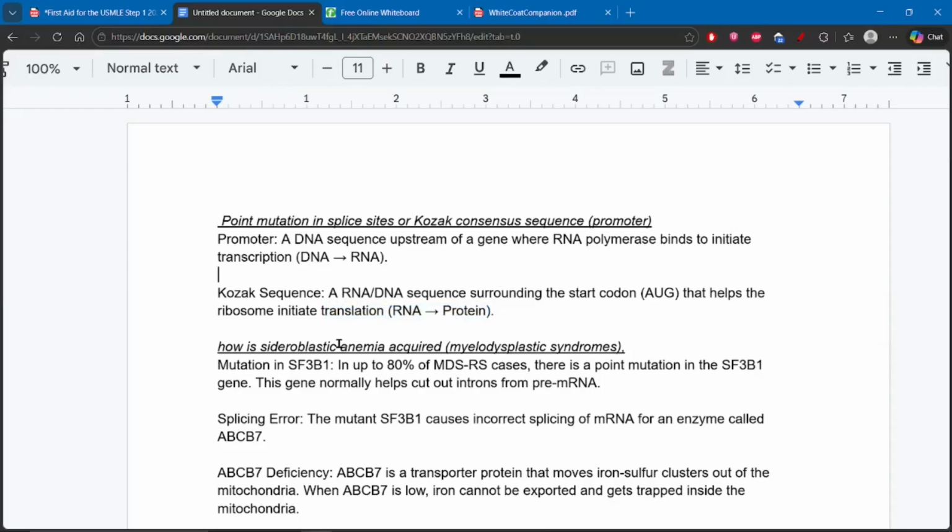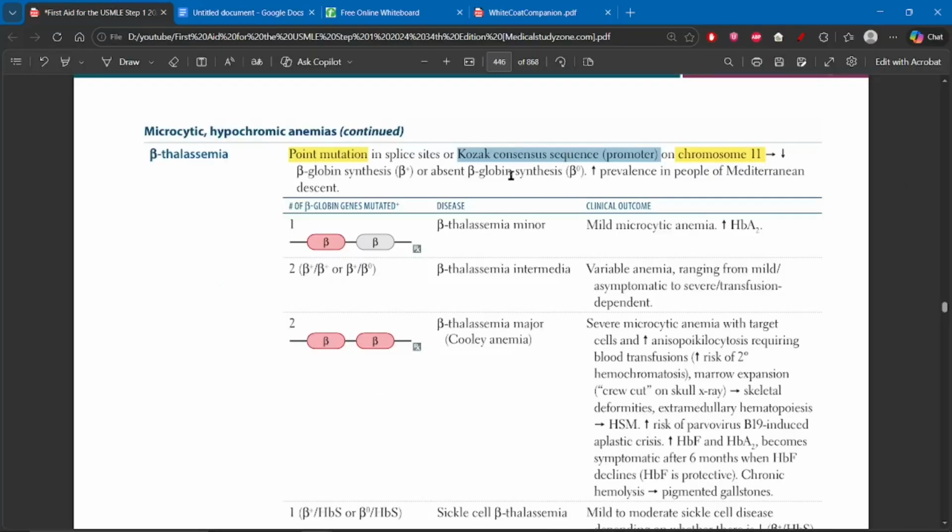The work is the same: they help in initiating the process, but what process we are initiating is different. You don't have to remember this, but it's part of biochemistry that will help you, so you must know the difference between a promoter and a Kozak sequence.